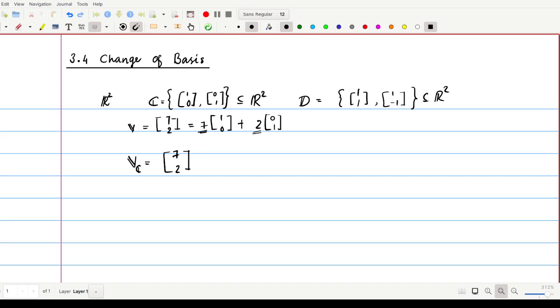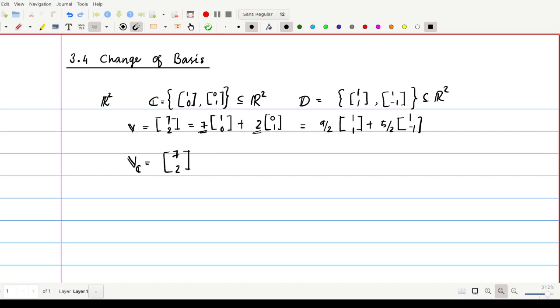In a similar way we can write the same V as a linear combination of (1, 1) and (1, -1). Okay, how do you write this (7, 2) as a linear combination of these? That can be written as 9 by 2 times (1, 1) plus 5 by 2 times (1, -1).